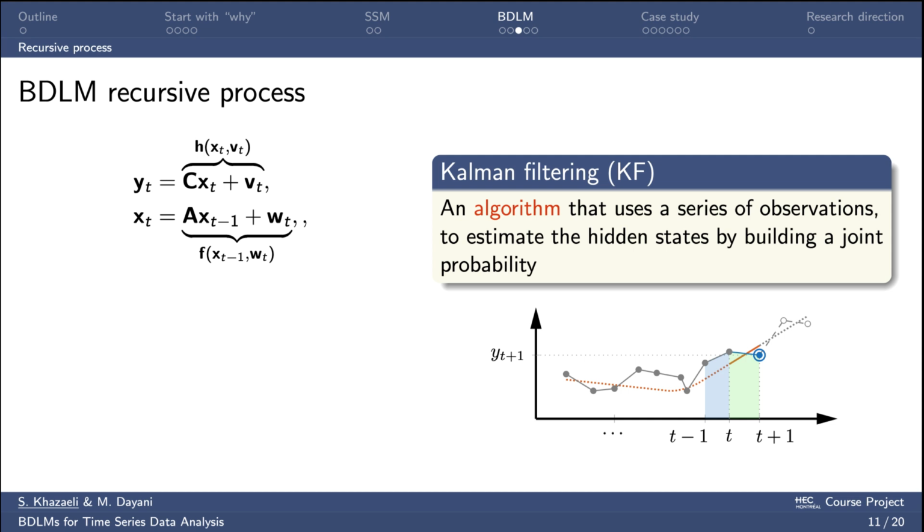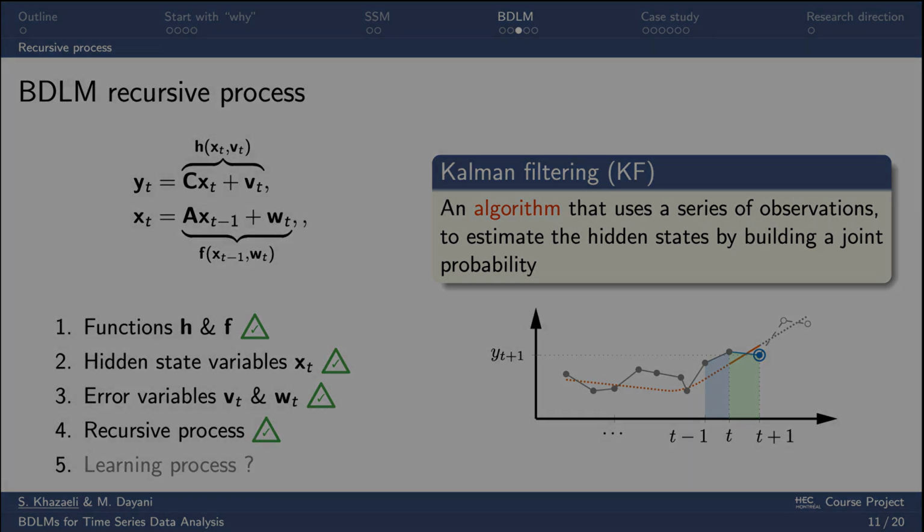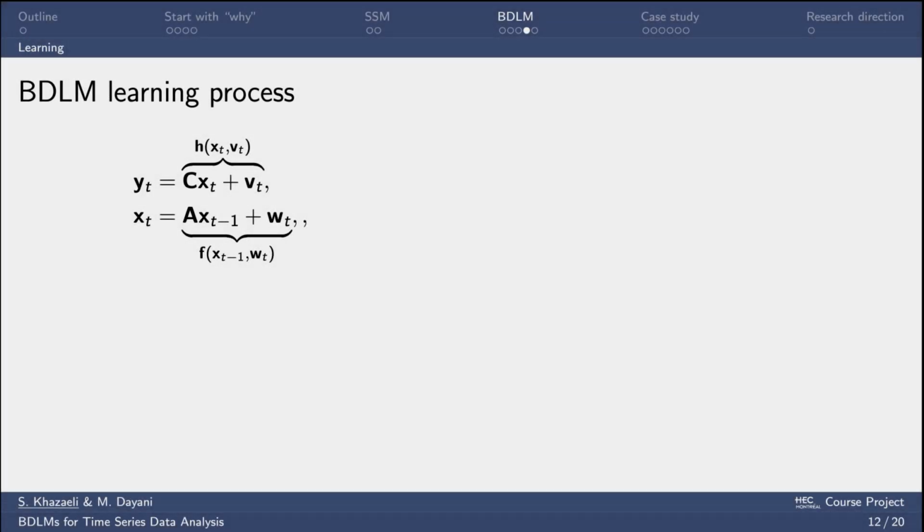It also helps us to move backward. This property allows us to not only go forward through time, but also go back through time to estimate the initial conditions. Now, the remaining question is: what is the learning process in the BDLM? When we select our components to model different behaviors, we will have some parameters that need to be estimated, like the standard deviations that you saw in the previous simple example.